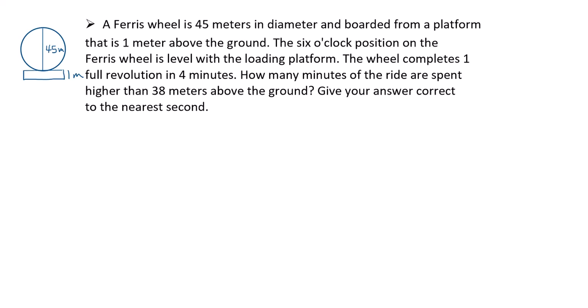So I know with this midline, we're going 22.5 up and 22.5 down. So my amplitude, which is the absolute value of A, is 22.5.